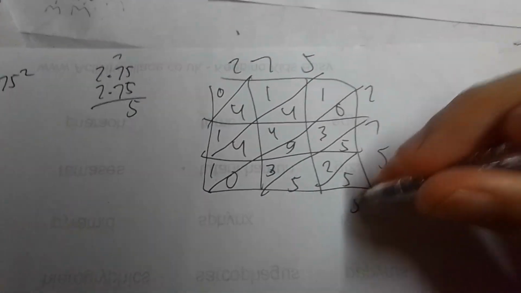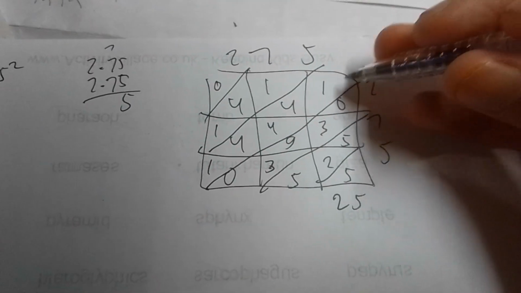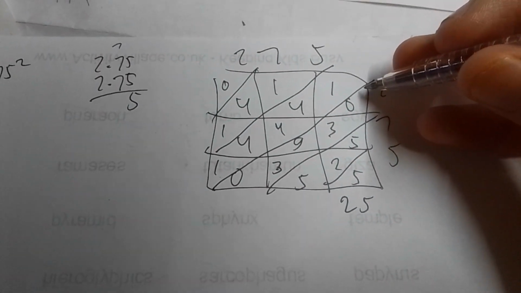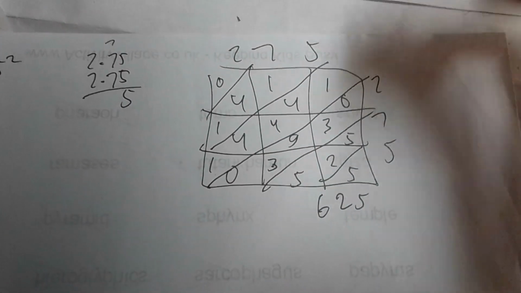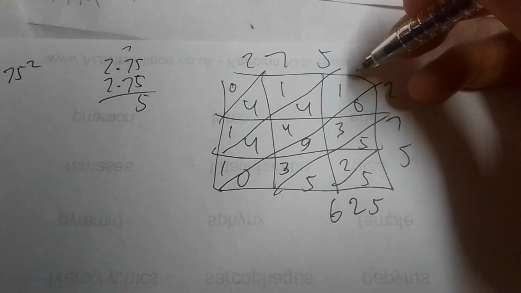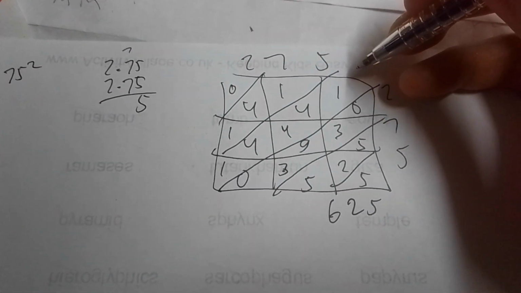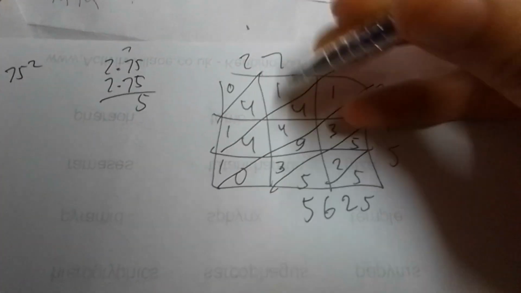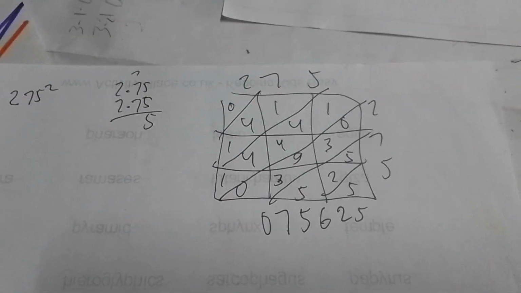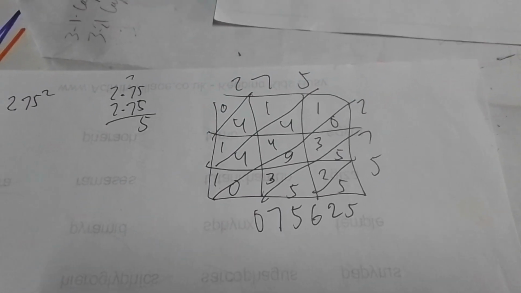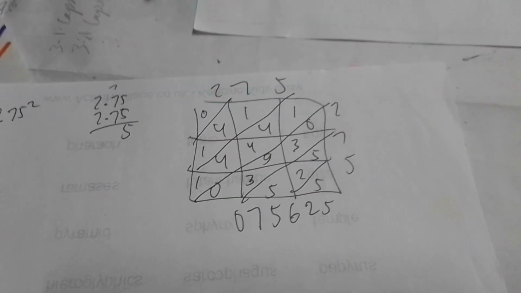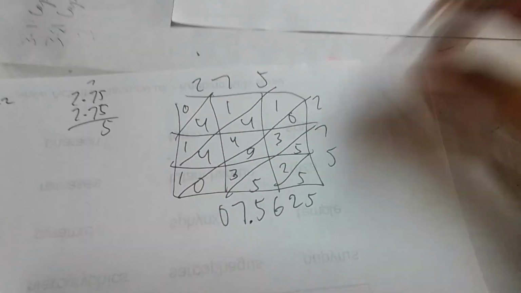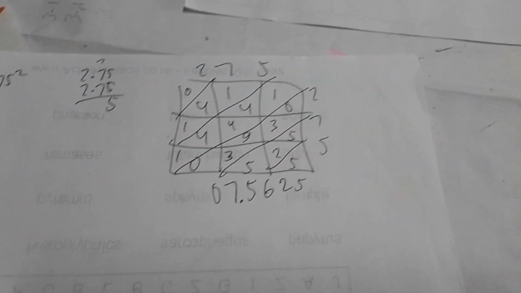Then, slide up the numbers as you add. 5. This becomes 12. Add 1. 7, 16. 3 plus 4 plus 4 plus 4. 15. 7. 0. So therefore, 2.75 squared is 7.5625.